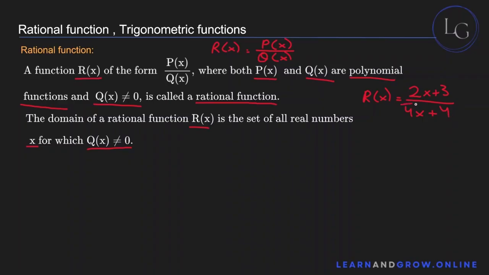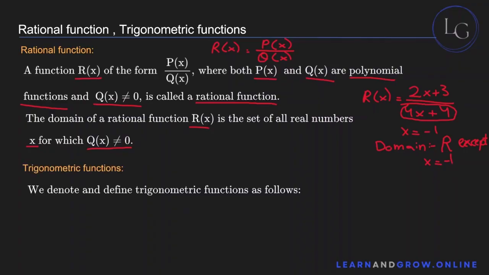So the function in the denominator is 4x plus 4. Now when x is equal to negative 1, that would make the denominator equal to 0. So the domain of this particular example is basically all real numbers except x is equal to negative 1, okay?